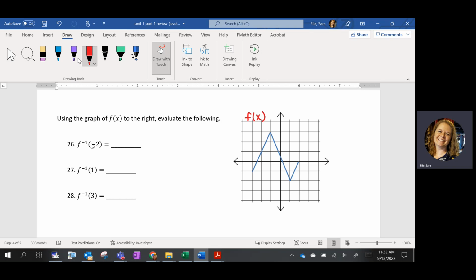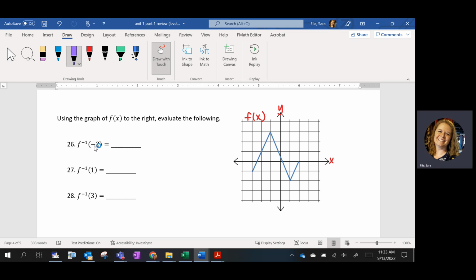Just remember, if this is the x for the inverse, it's going to be the y on the original.